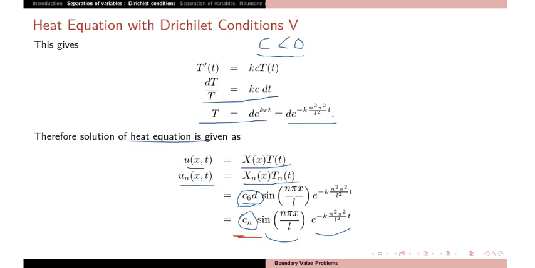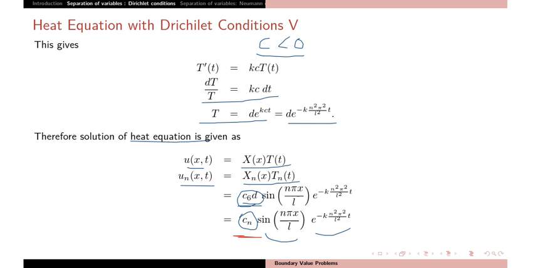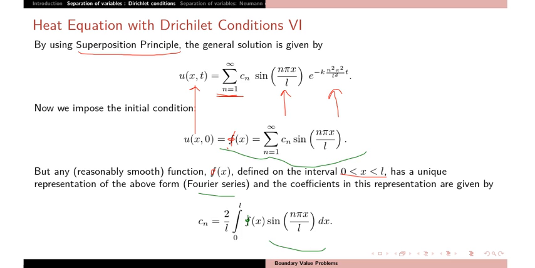And I forgot to mention in the previous Fourier series that a 2 by L will be there. Just multiply it into the Fourier coefficients. So C_n equals 2 by L times the integral of phi(x) sin(n pi x by L). This Fourier series will provide you the coefficient C_n.